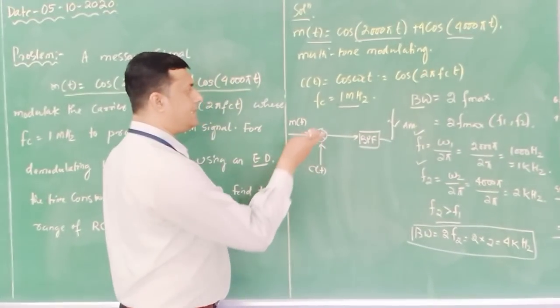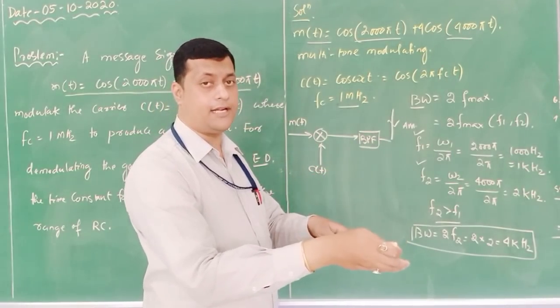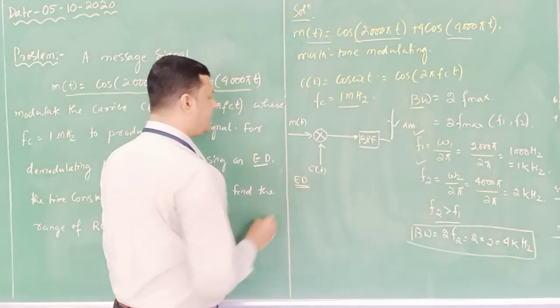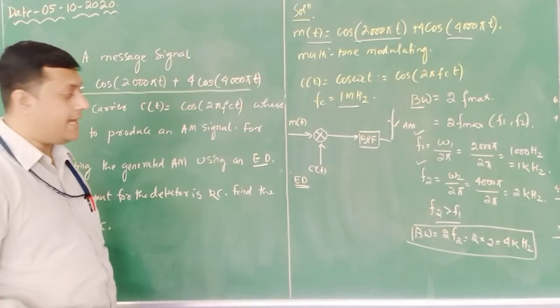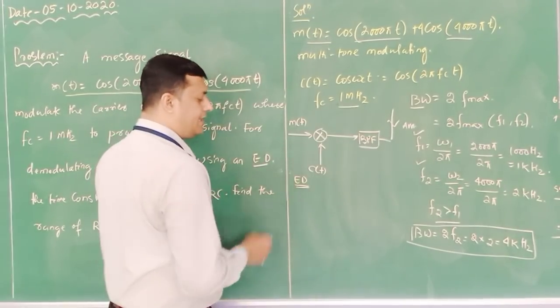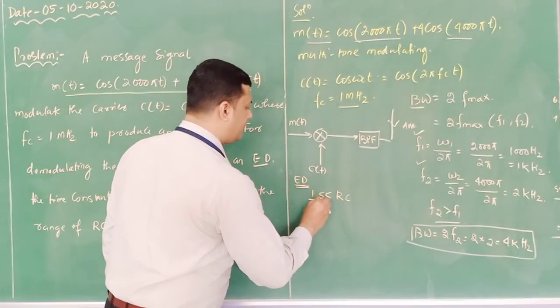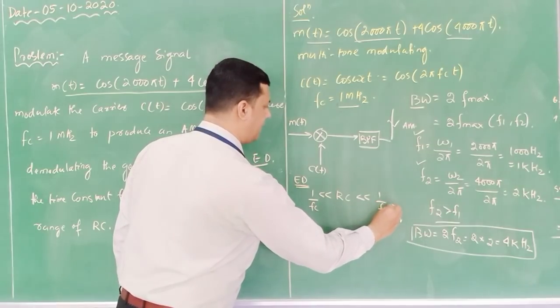So now this received AM signal is going to be demodulated with the help of the envelope detector. Now for the envelope detector, it is asked about the time constant RC, and as we know the envelope detector time constant RC lies between 1 by FC and less than 1 by FM.